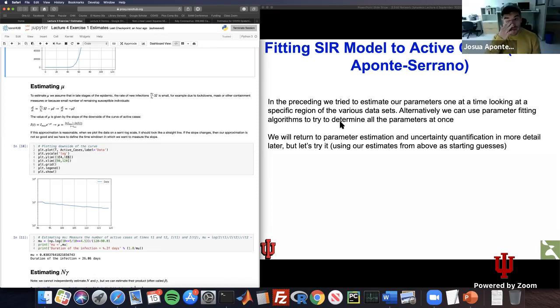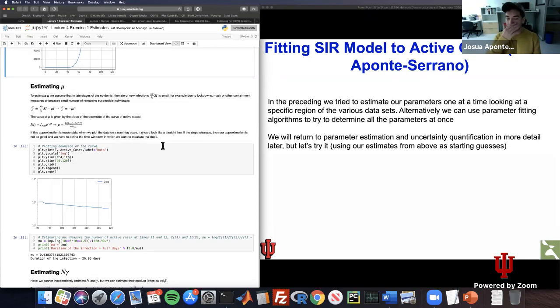So far we estimated these parameters just by looking at the regions of the data set and basically eyeballing the slope. Alternatively, we can use more sophisticated fitting algorithms that are going to determine all of these parameters at once.